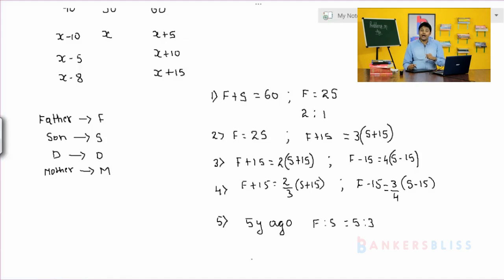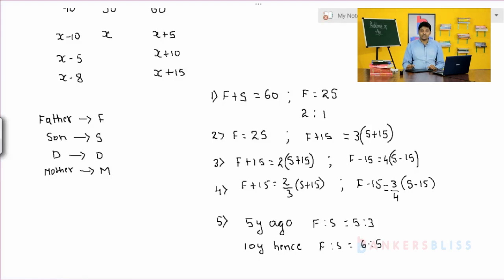Next, after 10 years, the ratio will be 6:5. So 10 years hence, the age of the father and son ratio will be 6:5.